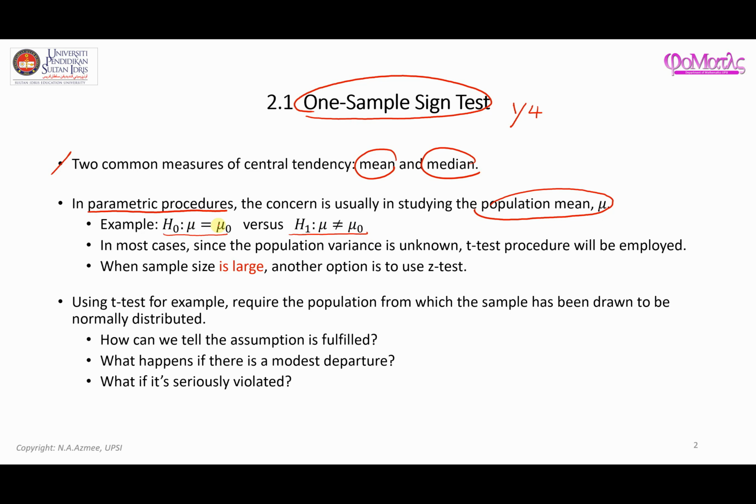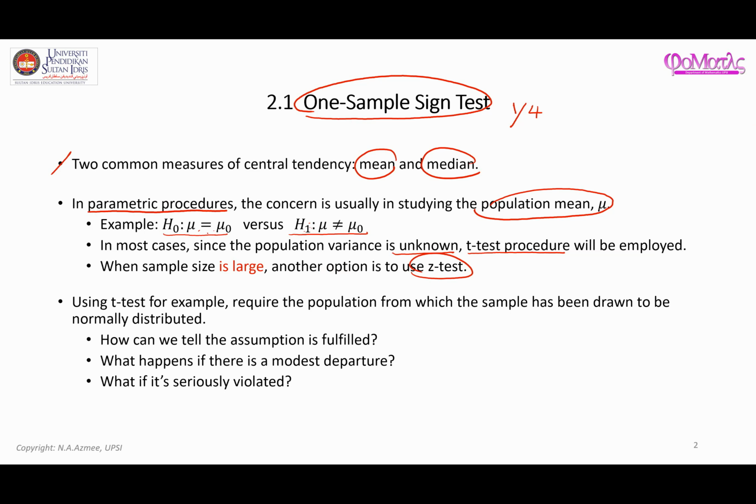That mean takes a certain specific value, mu naught, and this is the alternative hypothesis, and you can see clearly that the hypotheses given here are complementary in nature. And so in most cases, certainly the population variance is unknown, therefore the t-test procedure will be employed. And if, let's say, the sample size is large, you can have another option, which is to use a z-test.